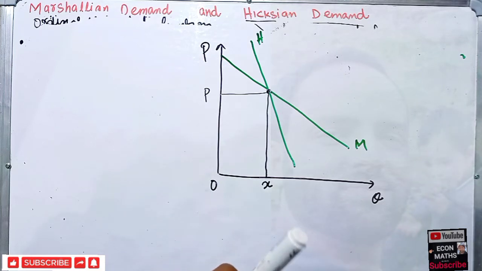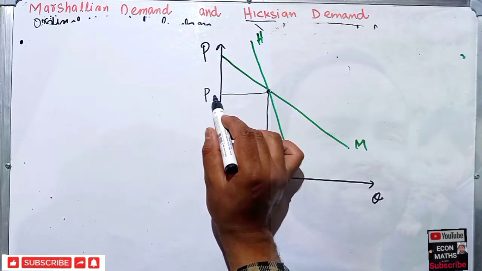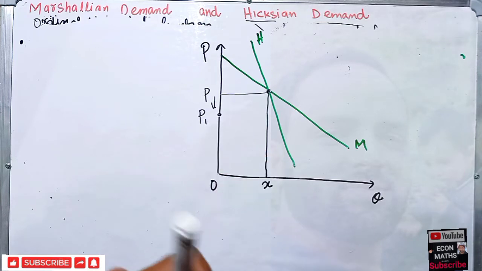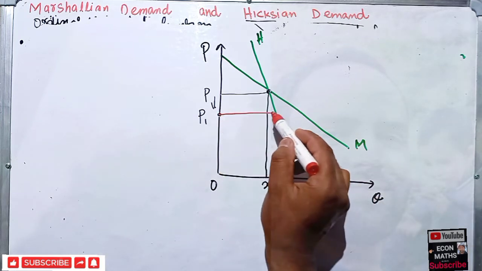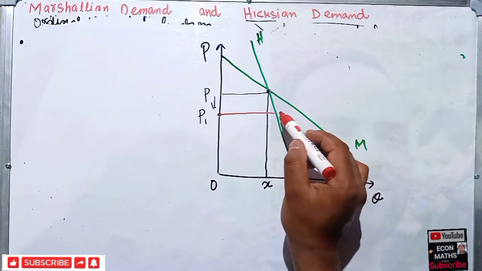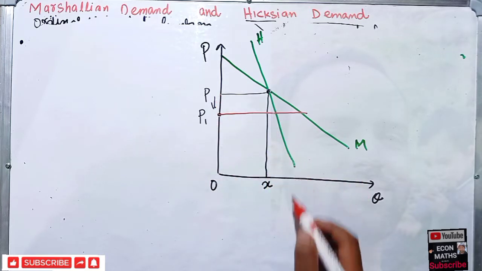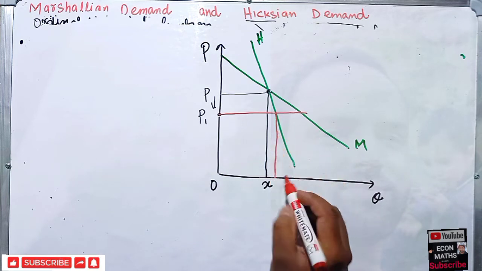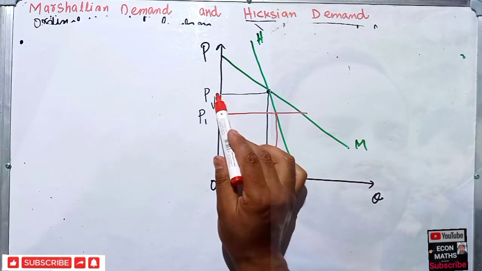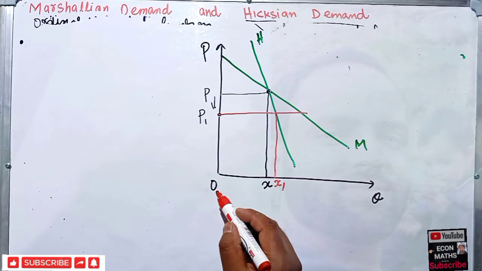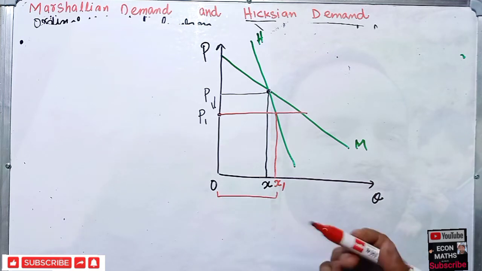Now let us say the price has decreased from P to P1. If the price decreases to P1, what will happen in this case? We can see here, when the price decreases from P to P1, on the Hicksian demand curve we have this intersecting point. Let us say this is X1. When the price has decreased from P to P1 on the Hicksian demand curve, only OX1 is demanded.